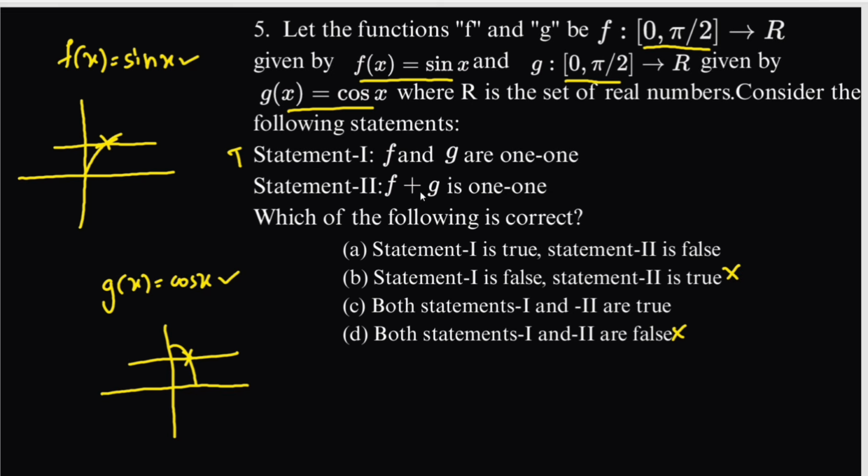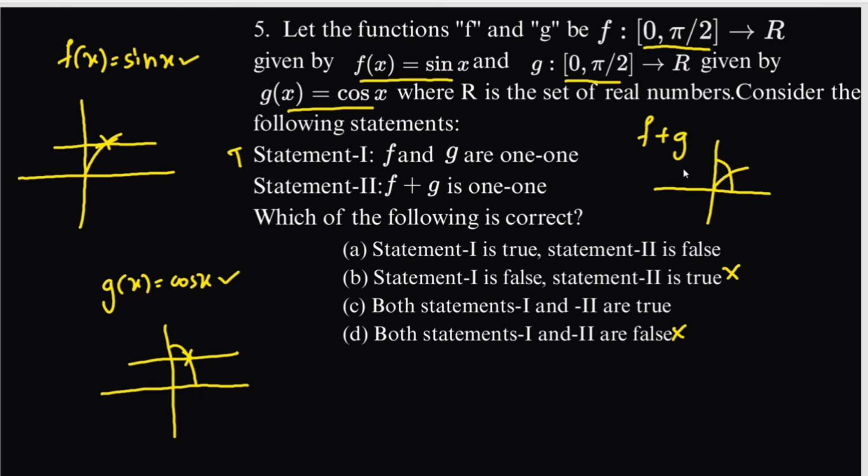What is statement 2? f plus g. That means these two functions are added up. So when I add these two functions, what will be my graph? If I am doing f plus g, that means I am adding these two graphs, correct? This was my sin x graph. This was my cos x graph. So this is the graph when I am adding up the two functions.